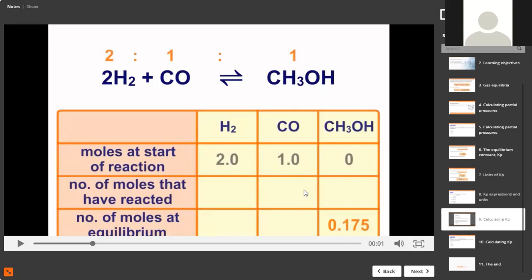The number of moles that have reacted for carbon monoxide will be exactly the same as the moles at equilibrium of CH3OH: 0.175 multiplied by 1, because the ratio is 1 to 1. The ratio for hydrogen is 2 to 1, so we multiply 0.175 by 2 and get 0.350.